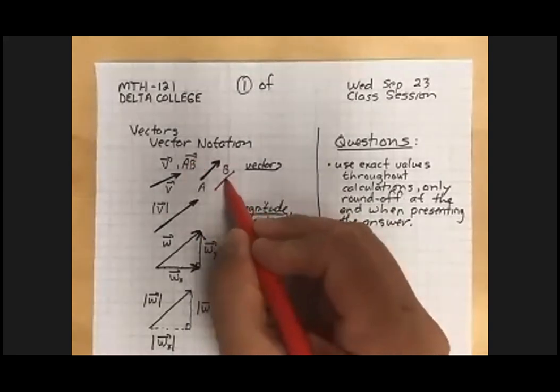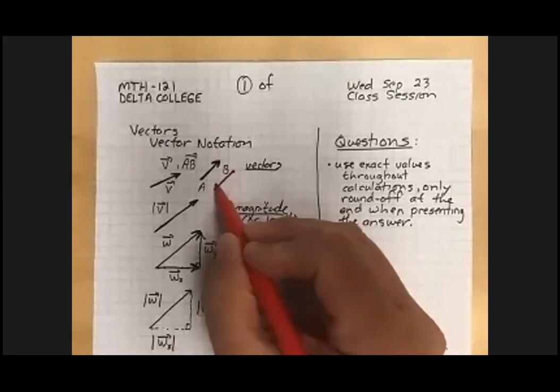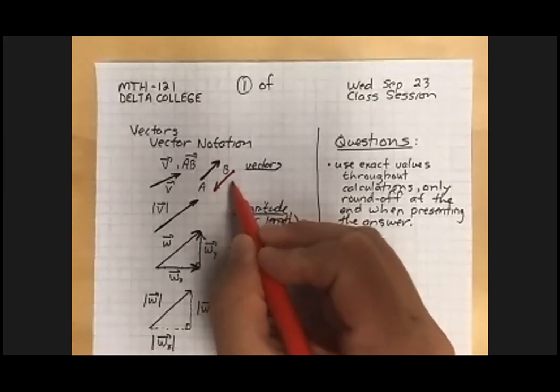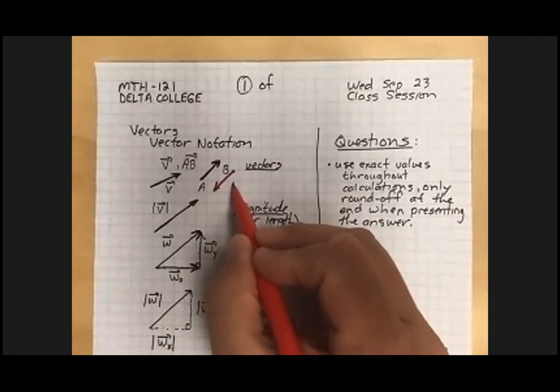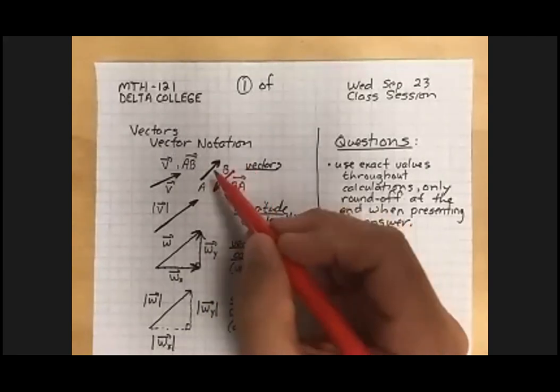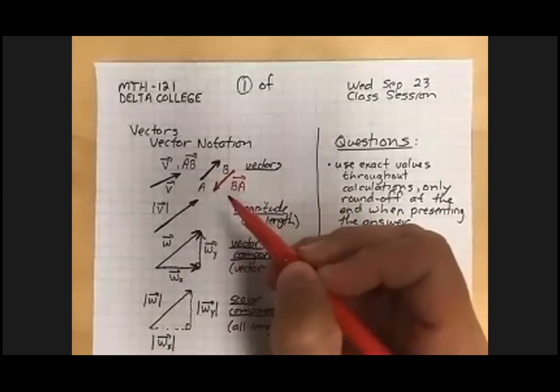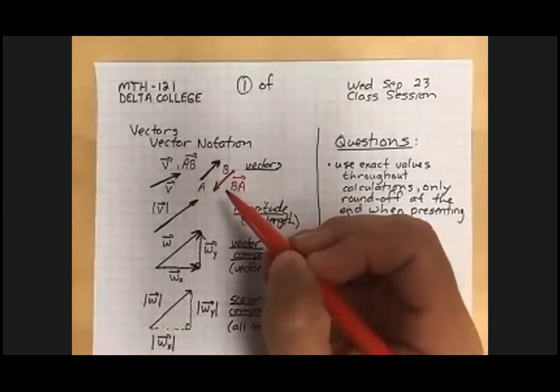If you drew a vector between those 2 points, but you made it go from B to A, then you would have to name that vector differently. These 2 vectors, the red one and the black one, are different because they're going in different directions.